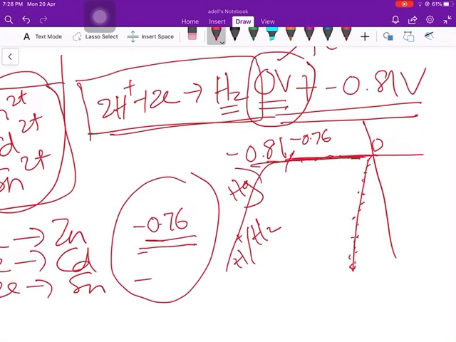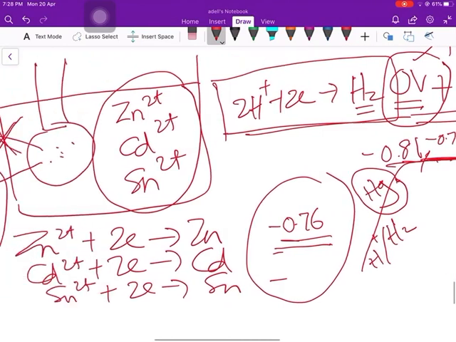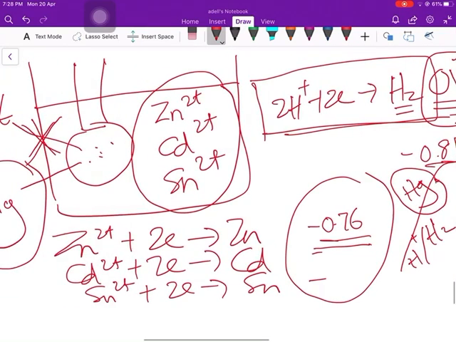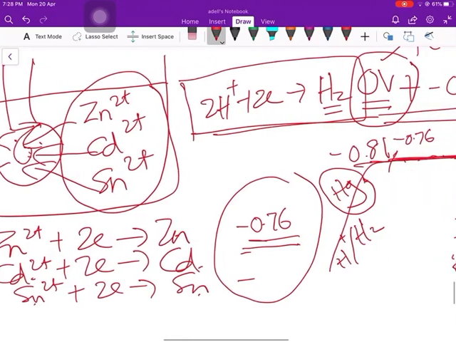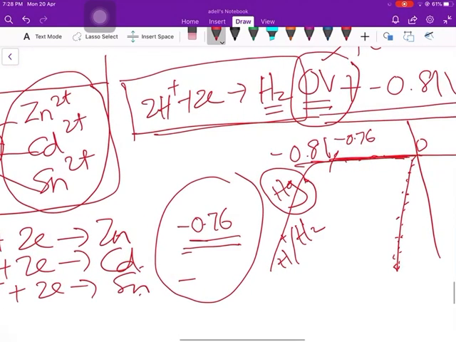If you use mercury as your cathode, zinc can reduce to zinc, cadmium can reduce to cadmium 0, stannum ion can reduce to stannum 0 on mercury. All of these can reduce on the mercury surface. So there is no interruption from the hydrogen evolution process.